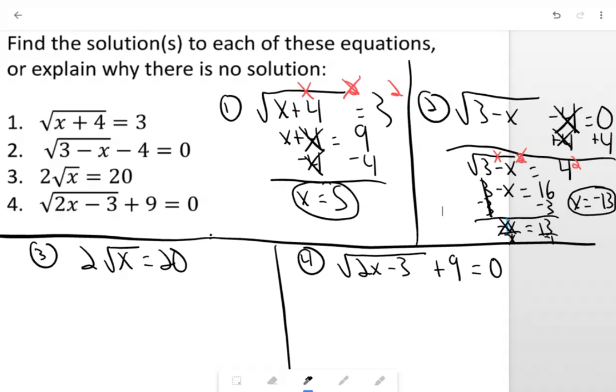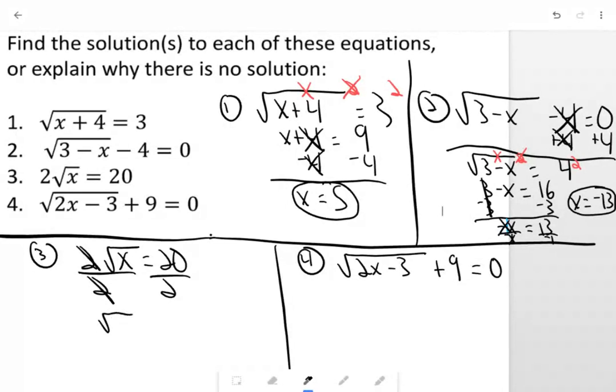All right. Number 3, I have to do some isolating again. So my square root is that. In order to get that by itself, I have to get rid of the 2 here. So how am I going to get rid of the 2? I'm going to divide both sides by 2. Why? Because multiplying and dividing are opposites of each other.